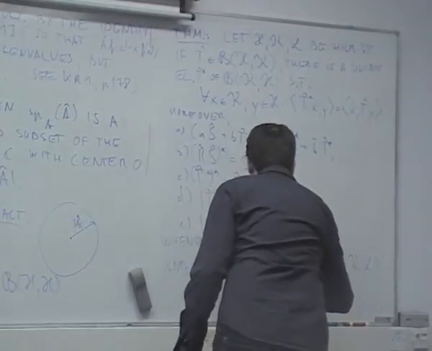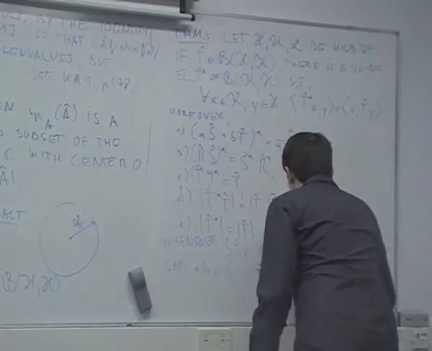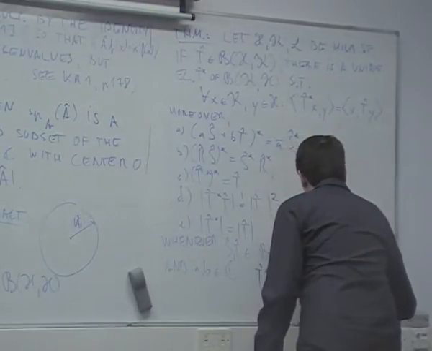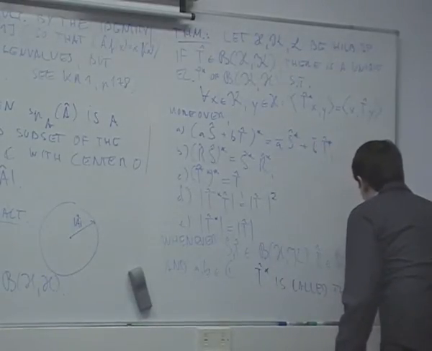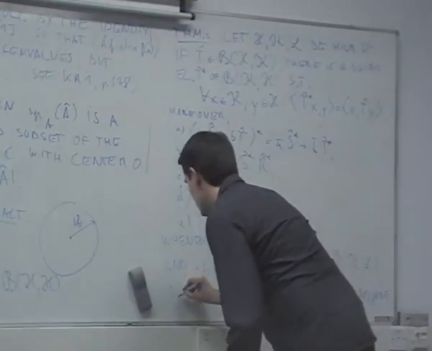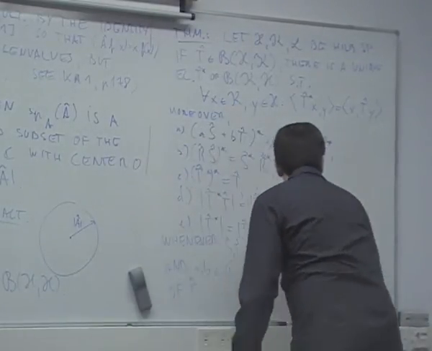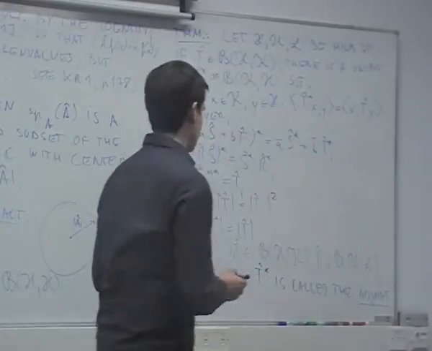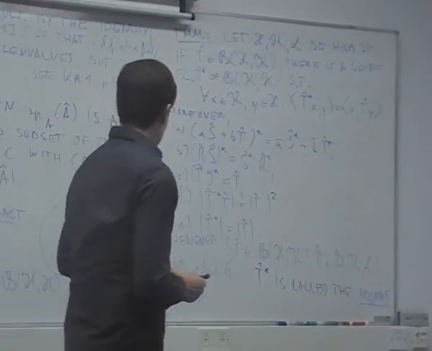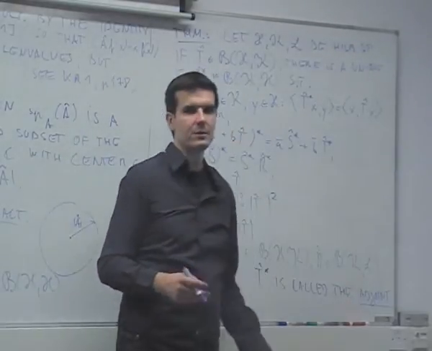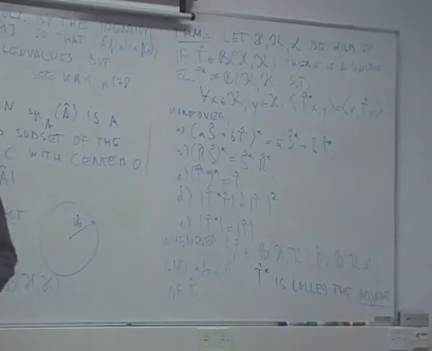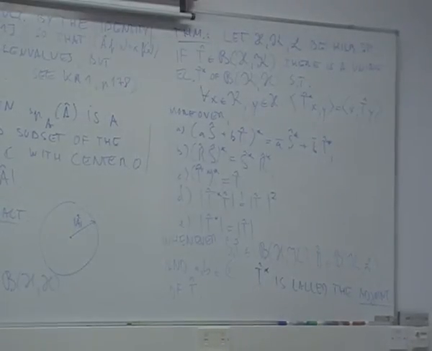T star is called the adjoint of T. If you're deep into category theory, you may prefer to call this the Hilbert adjoint to distinguish it from adjoint situations in categories. That would actually be interesting, I didn't think about this.